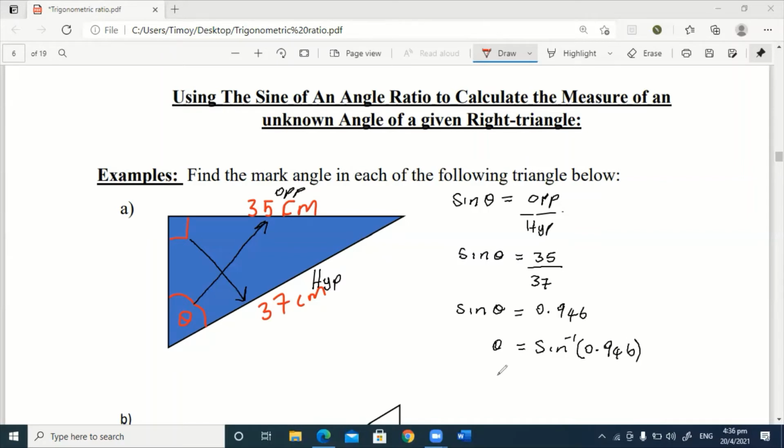And all you need to do is to type that in your calculator. When you type this in your calculator, your expected answer is going to be 71.1 degrees. So therefore, theta is equal to 71.1 degrees. And that's how you use the sine ratio to determine an angle.